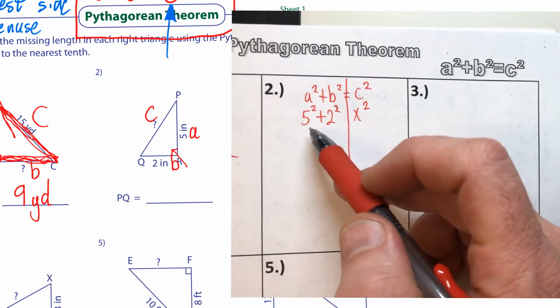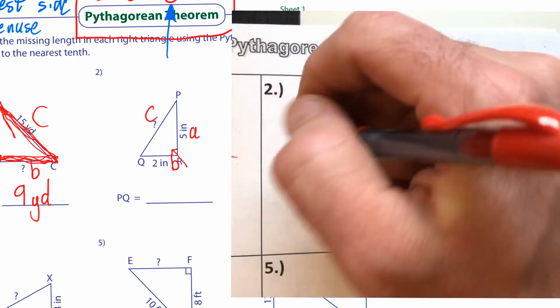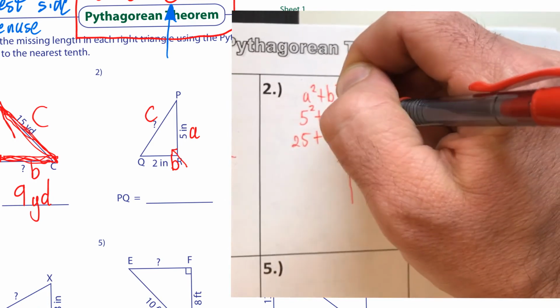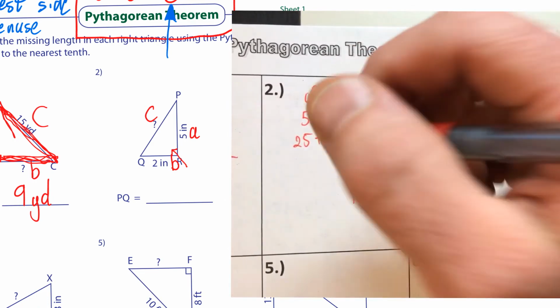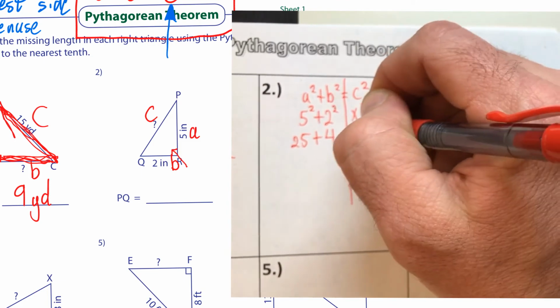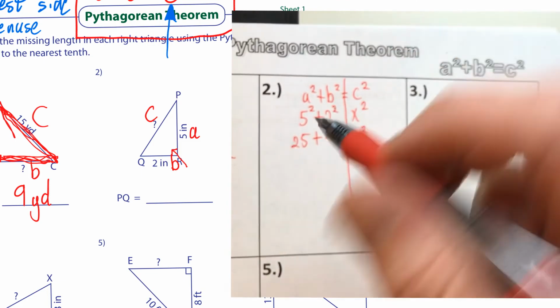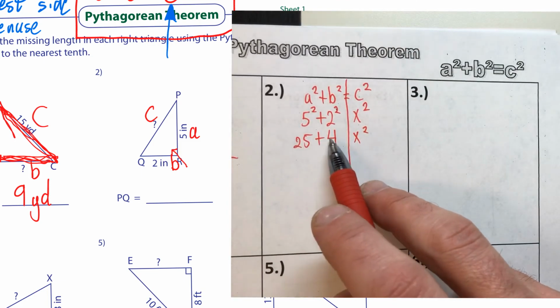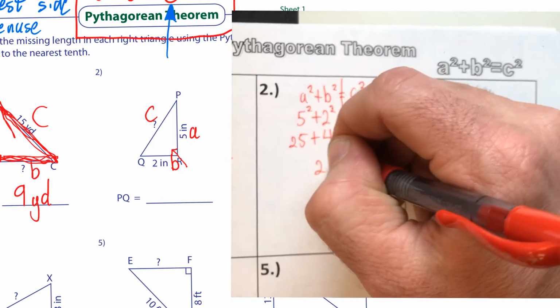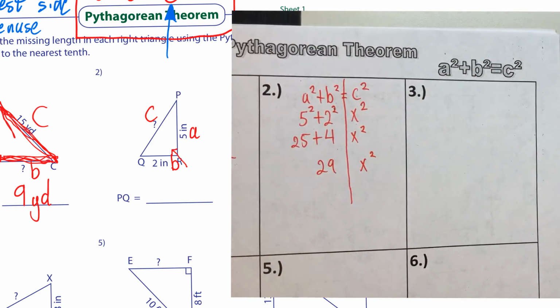All right, so what's 5 squared? 25. Okay, what's 4 squared? Or 2 squared, I'm sorry. It's 4 equals x squared. Okay, what's 25 plus 4? So we get 29 equals x squared.